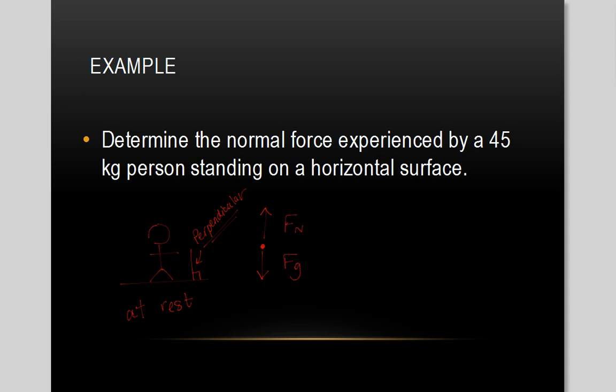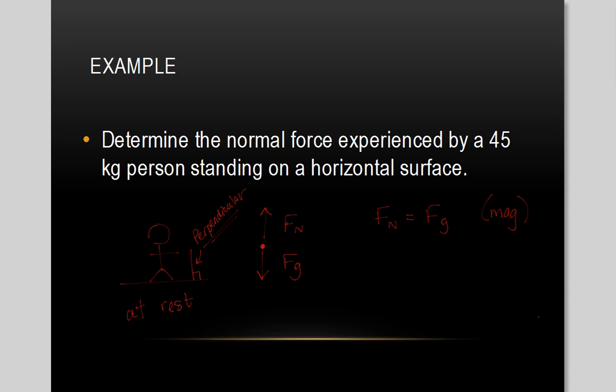We'll see in the next question. So in this case, because the person's at rest, the normal force is equal to the gravitational force in terms of the magnitude. Right? In terms of the magnitude.